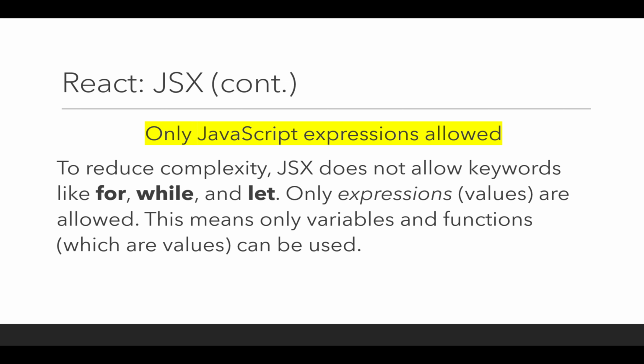So while this may seem strange, this really reduces the overall complexity and focuses JSX on, again, just expressing either wrapped content, closing tags, or values, or again, in a more technical term, JavaScript expressions.